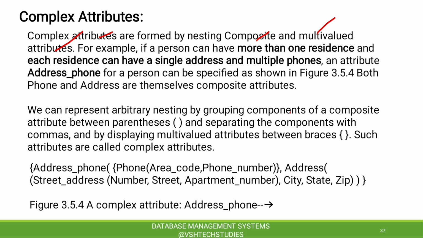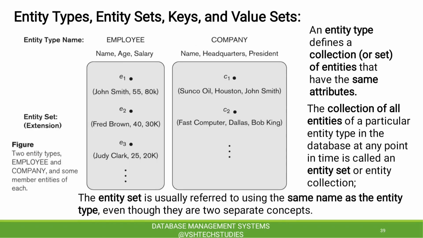Next we shall study entity types, entity sets, keys and value sets. Here employee is the entity type. E1, E2, E3 are the member entities which belong to the employee entity type because all three entities have the same attributes, that is name, age and salary.